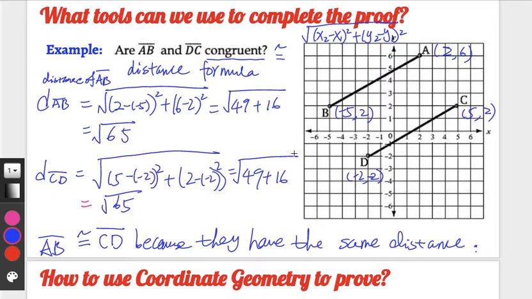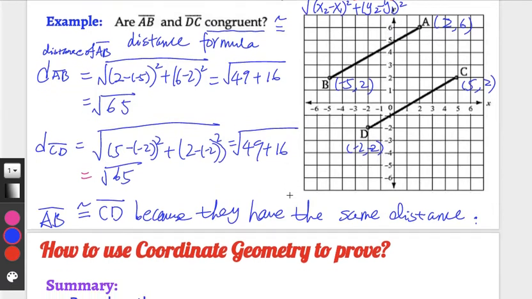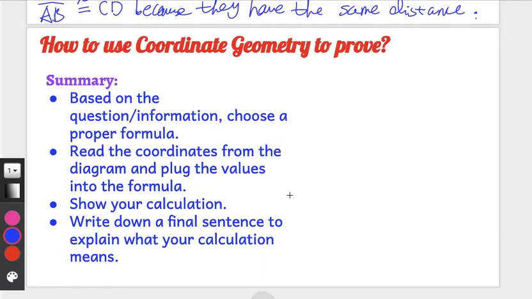This seems like a little bit tedious because you do a lot of calculation, but once you get used to the idea, all we need to do is plug in the value and show the final calculation, and similar for parallel. So finally, I just want to quickly summarize. What are we going to do when we use coordinate geometry to prove?